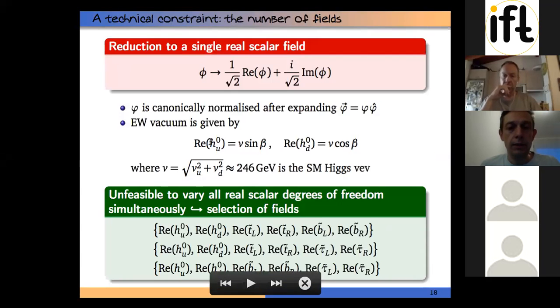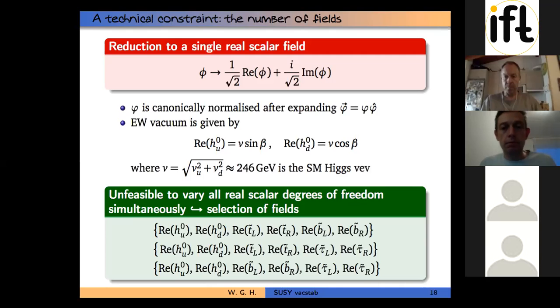At the end, we had to stop at 6 different field directions because for more it simply took too long. And especially in the MSSM, when you now want to include all of this, how many was it, 18, 20 new directions, you simply cannot do it, also not numerically.